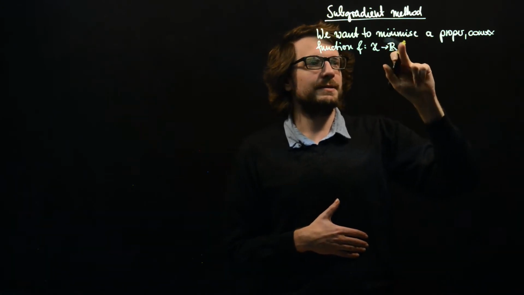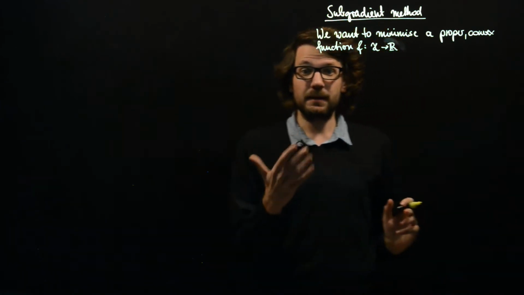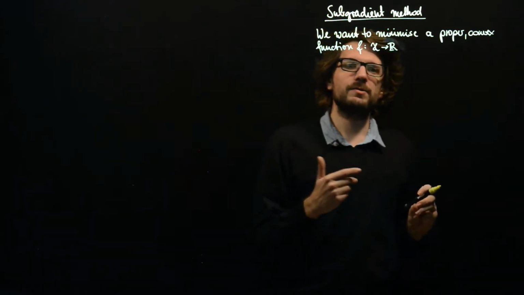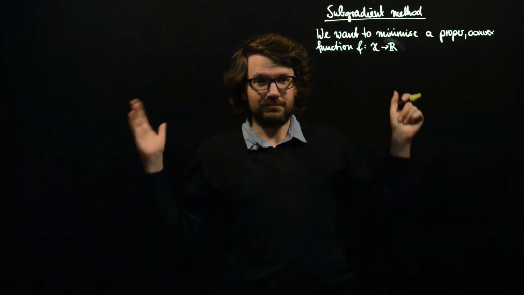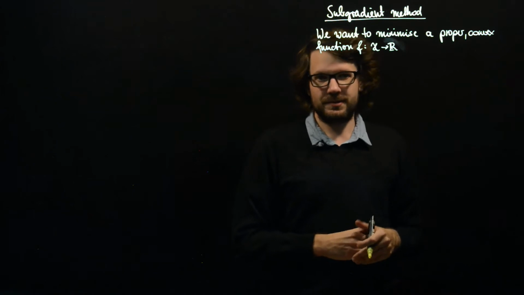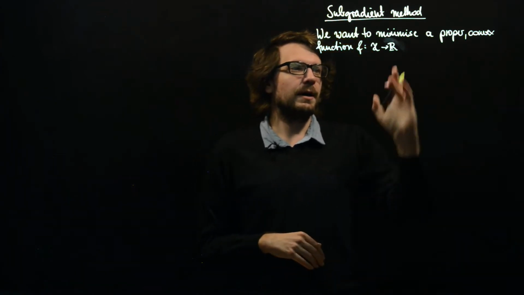And the reason is that we want to find at each step a subgradient, and we need to make sure that such a subgradient exists. Otherwise, your algorithm might just die because there is no way to proceed.